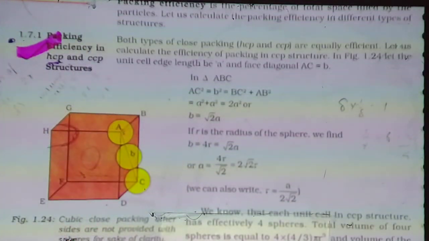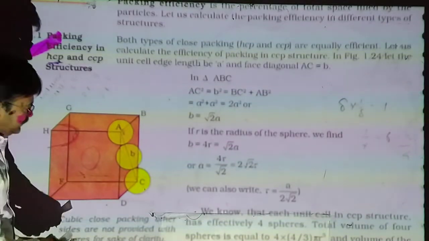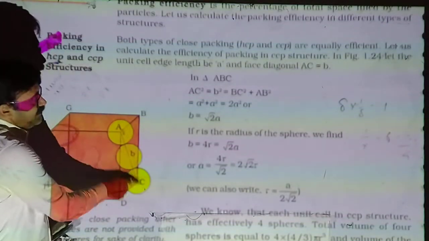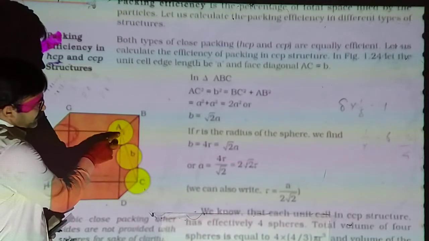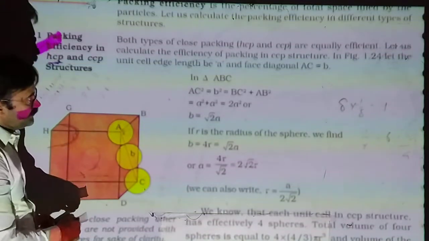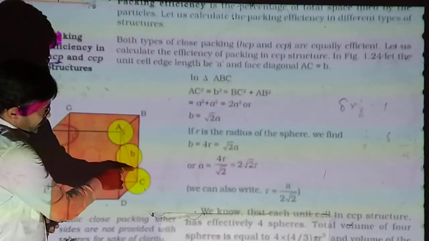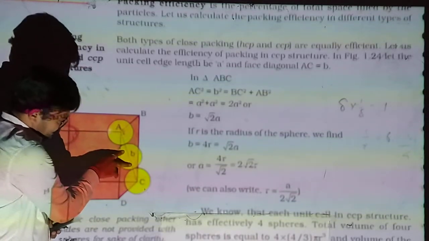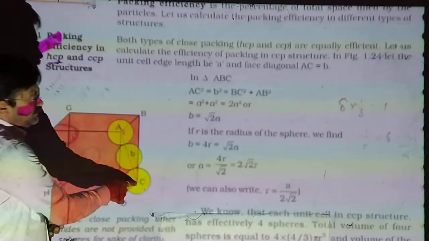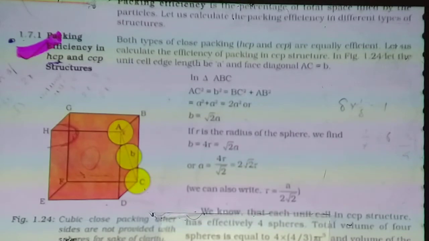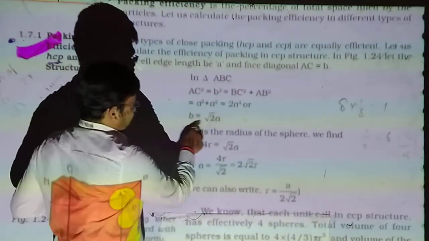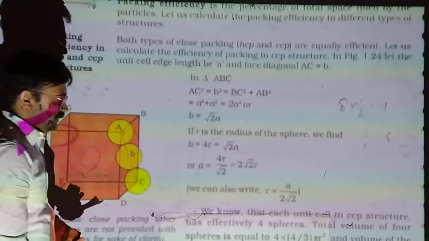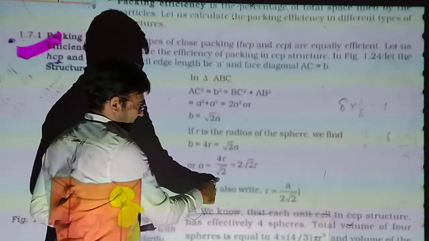If r is the radius of the sphere, we find here that the length of our diagonal b is 4 times r. 2 times r, 1 time, 4 times r, 4r. So 4r is equal to root 2 a. So a is equal to 4r upon root 2.